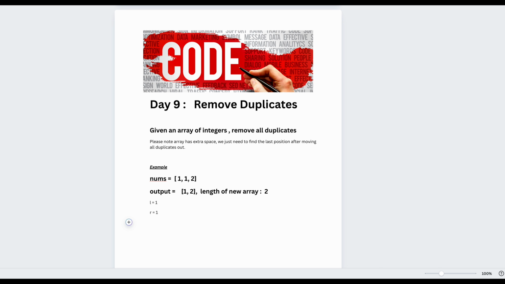We don't care about what happens to the duplicate element because we are more interested in the new element. So here the swapping is not necessary. You can just move ahead the right pointer as well as the left pointer whenever you discover a new element.